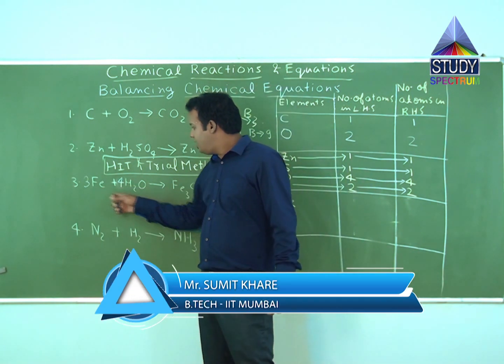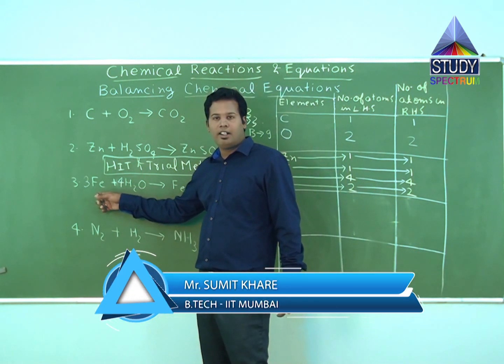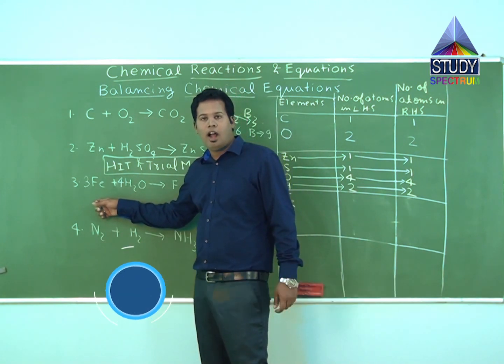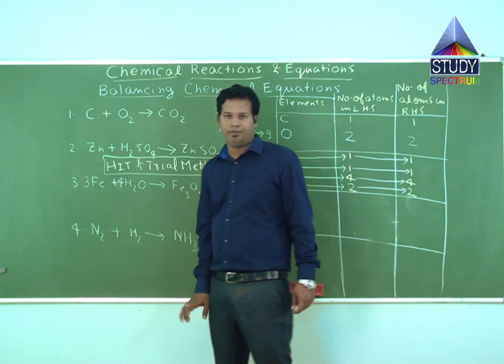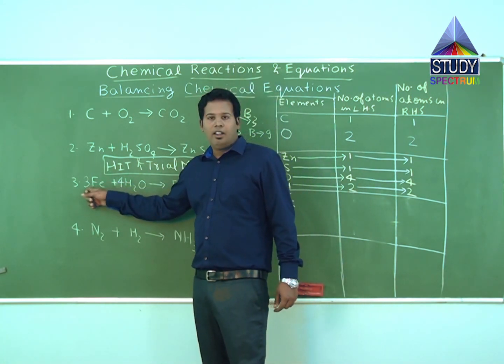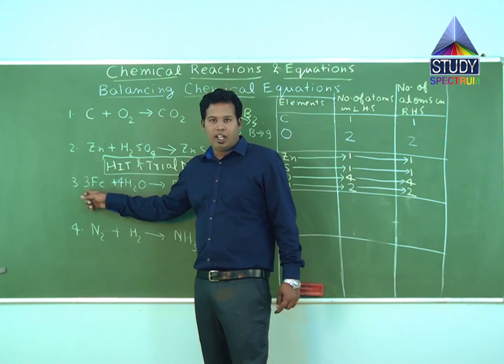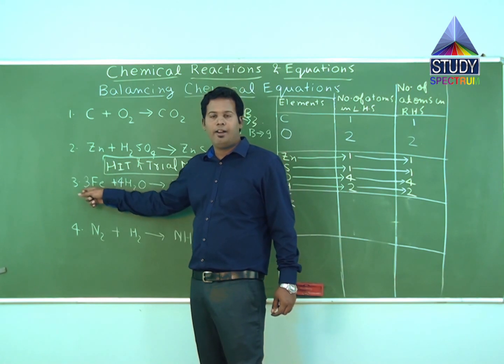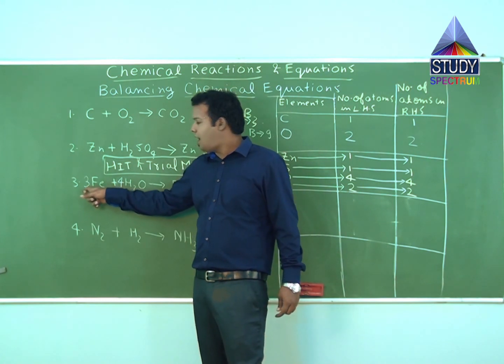Since iron is present in the very first reactant itself and it is not present in the second reactant, we can calculate the number of iron atoms only from the first reactant. Now the coefficient of iron in this reaction is 3. Correct? You can see that 3 written in white just ahead of iron. The coefficient of iron is 3.